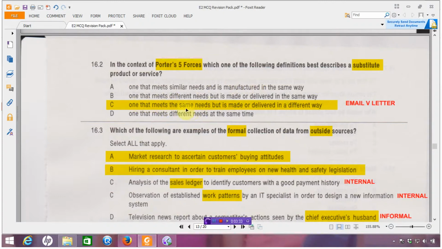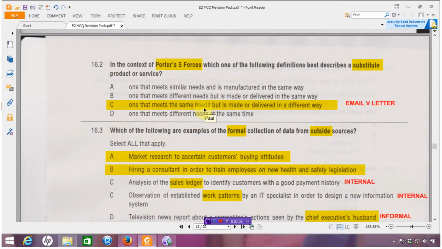Keywords really are needs, or indeed same needs. And the key point here, from my delivering E2 for a number of years, is that students get this wrong. They think that a substitute is very simply another product provided by a competitor, in other words, that it's the same product.